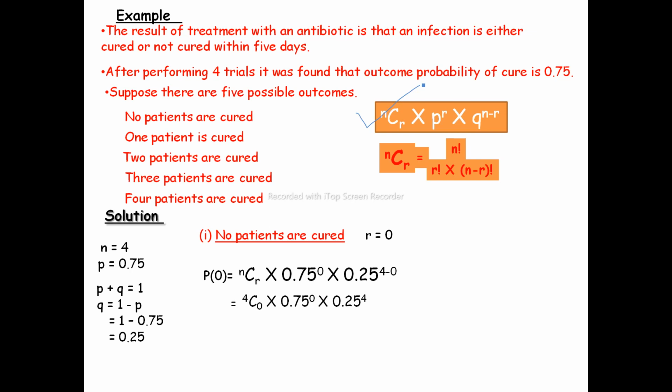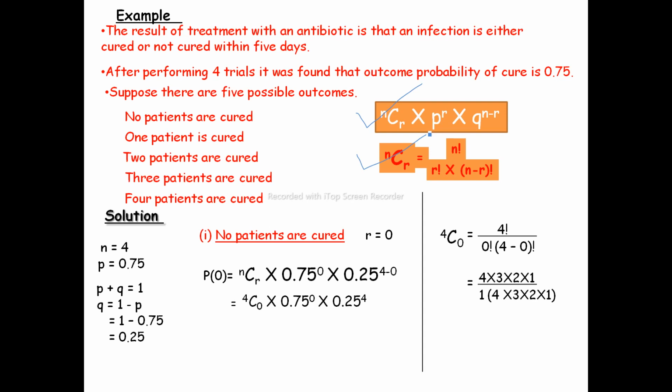Next, we'll try to solve 4 combination R. We need to use this equation: factorial 4 divided by factorial 0 into factorial of 4 minus 0. So factorial 4 means 4 into 3 into 2 into 1, divided by factorial of 0 which is 1, multiplied by factorial of 4 minus 0 which is 4.